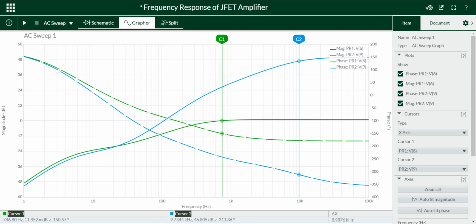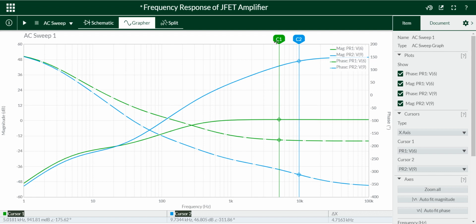Take the cursor C1 to the maximum value and observe the maximum magnitude, which is 941.81 milli-dB. Take 3 dB down from this value, so it comes out to be -2.058 dB.